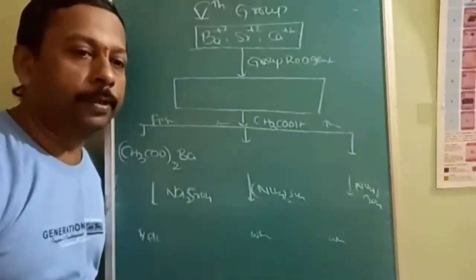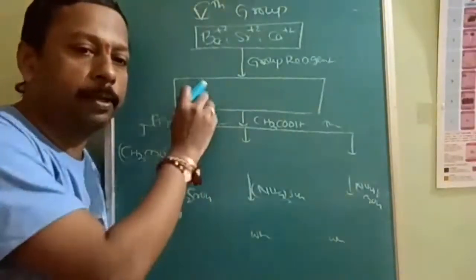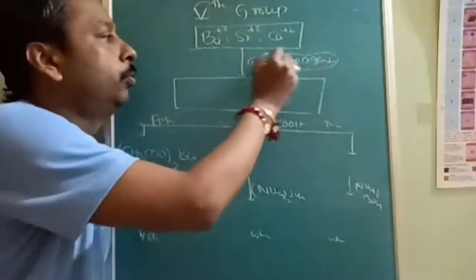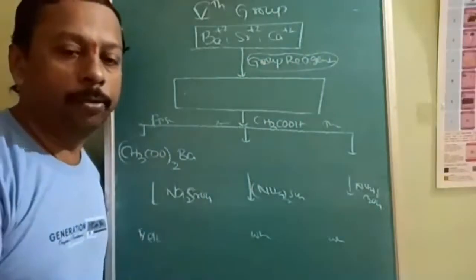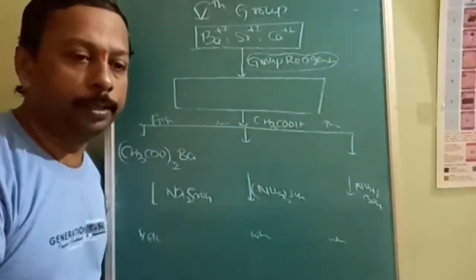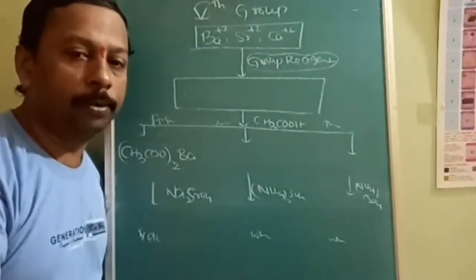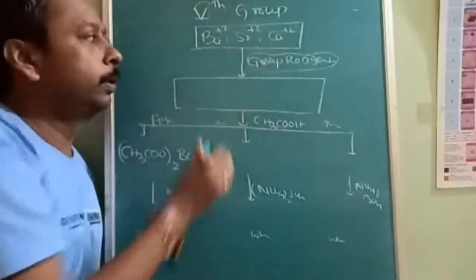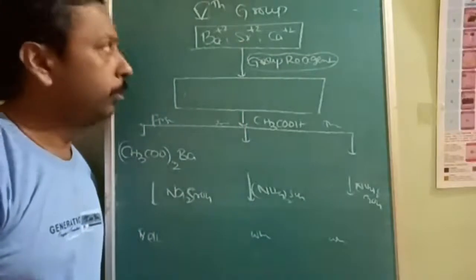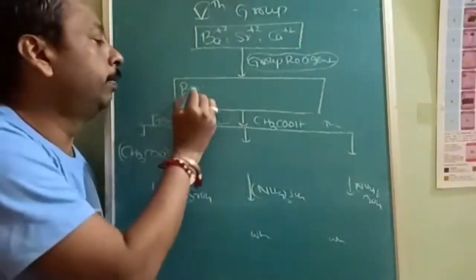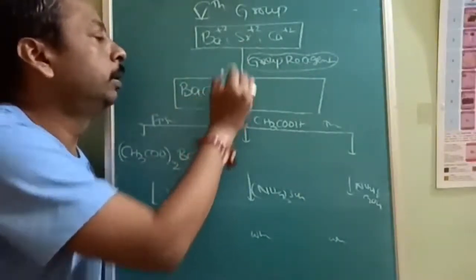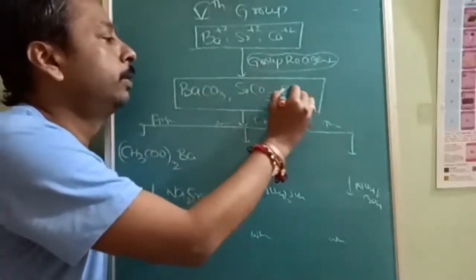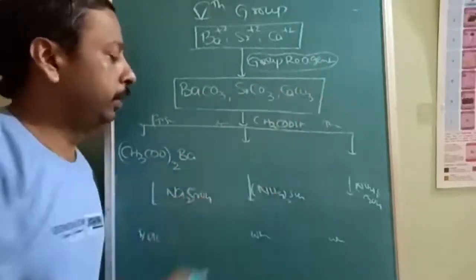See, first we have barium, strontium, and calcium, and we have used the three group reagents. After the three group reagents, the final reagent is carbonate. That carbonate reacts with the barium, strontium, and calcium. Barium will be converted into barium carbonate, strontium into strontium carbonate, and calcium into calcium carbonate.